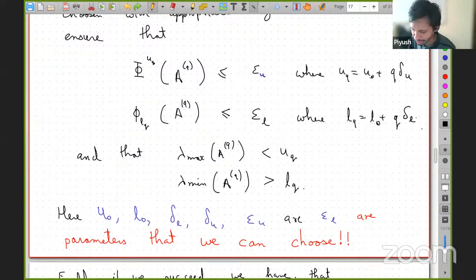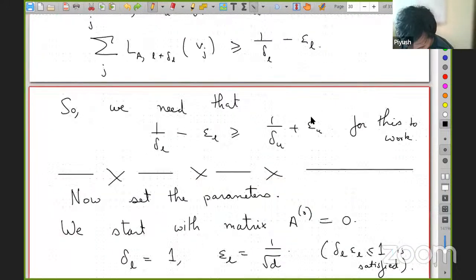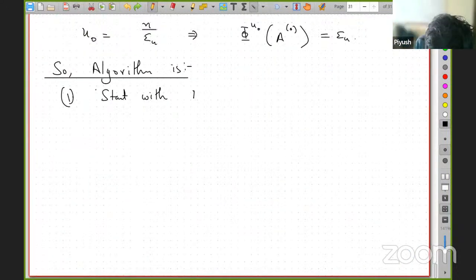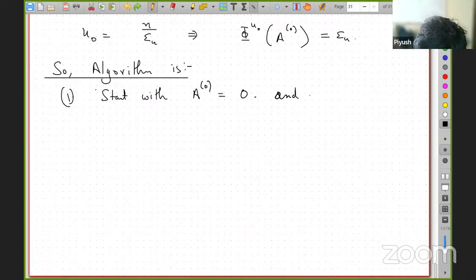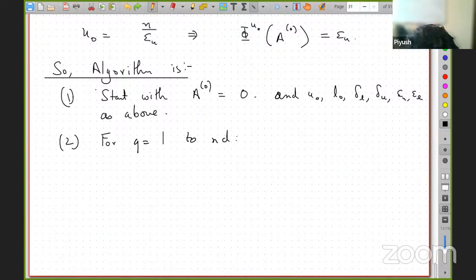So at each step, you're adding this term to the potential function. Start with A0 equal to the 0 matrix and U0, L0, delta L, delta U, epsilon L as above, for q going from 1 to n times t.